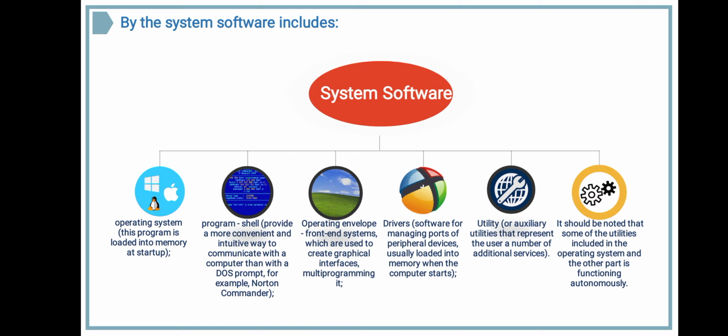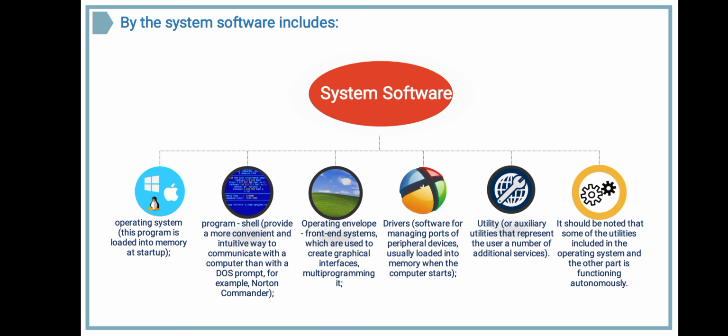The third is operating environments, front-end systems, which are used to create graphical interfaces and multi-programming. The fourth is drivers, software for managing ports of peripheral devices, usually loaded into memory when the computer starts.